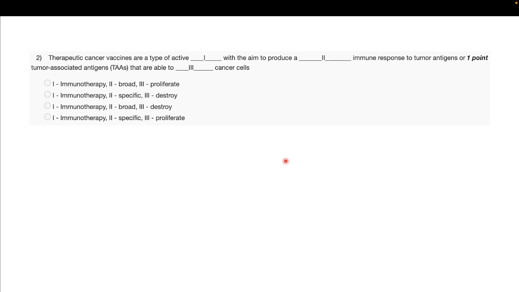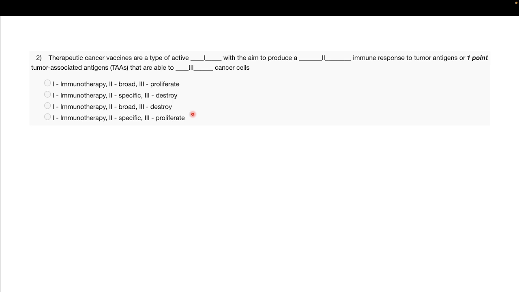Option 2. Okay, option 2, immunotherapy, specific and destroy. Okay, anybody else? Thank you for answering. Option 3. Option 3 is immunotherapy, broad and destroy.